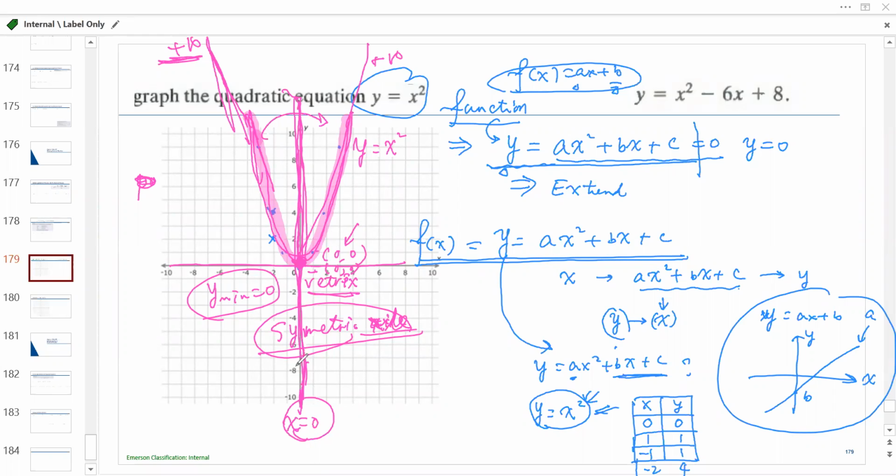They have the axis of symmetry and the minimum value, and the mouth opens up, right? Open up. So this is called a parabola curve. This is a very simplified situation.